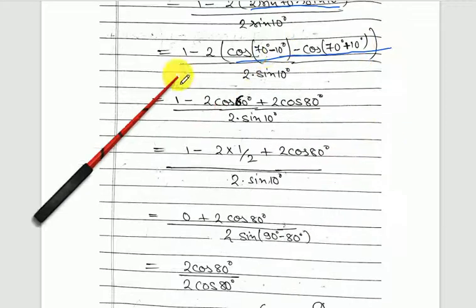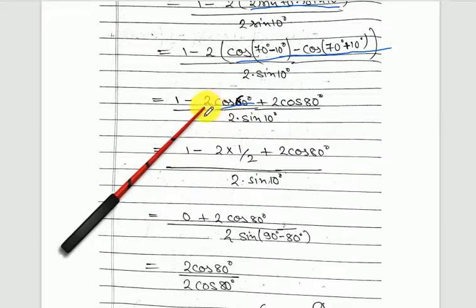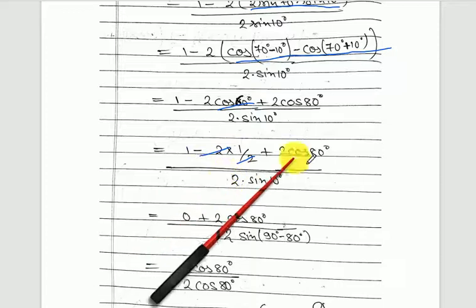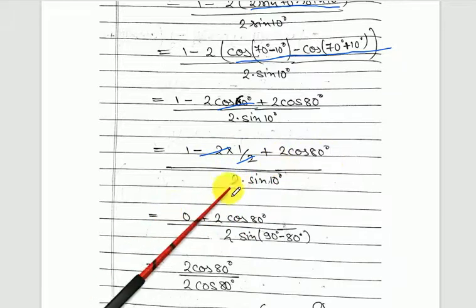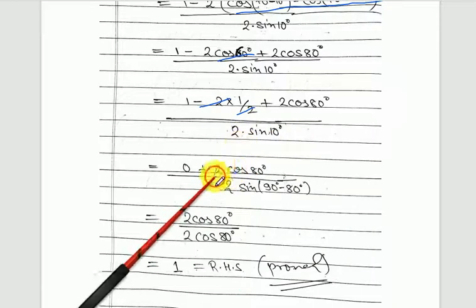Simplify and you will get 2 times cos 60 plus 2 times cos 80. For 60 you know, so 2 into half, so 2 cancel, so 1 minus 1 is 0, so you are left with 2 cos 80 upon 2 times sin 10, so then 2 cancel.